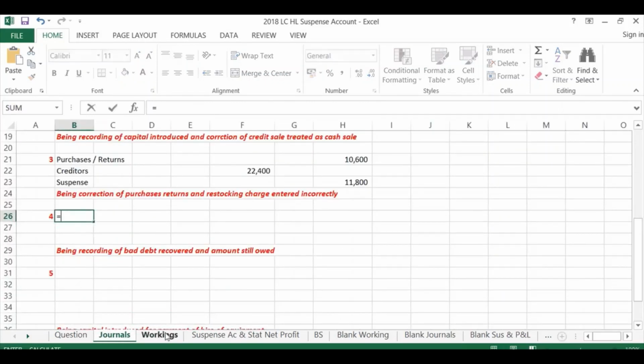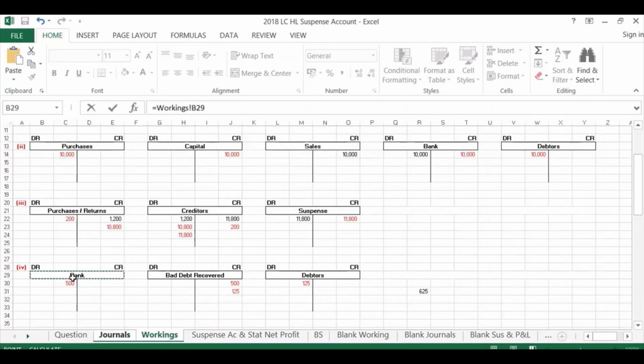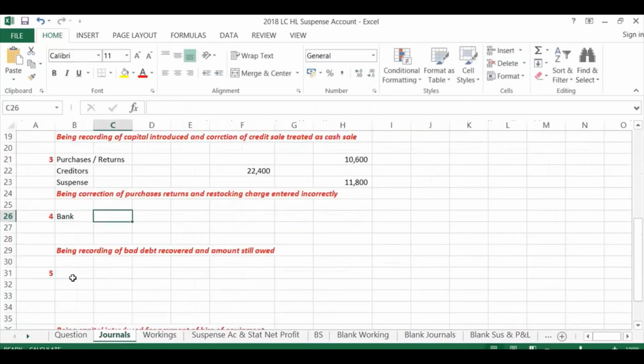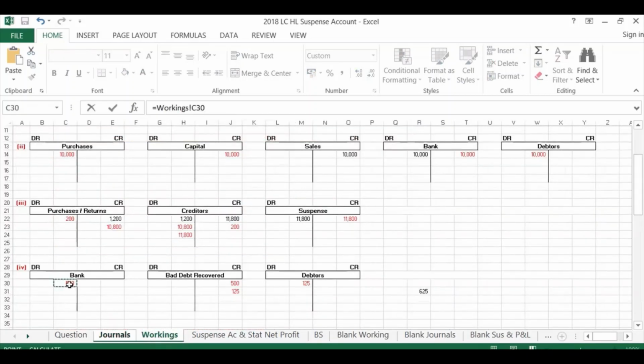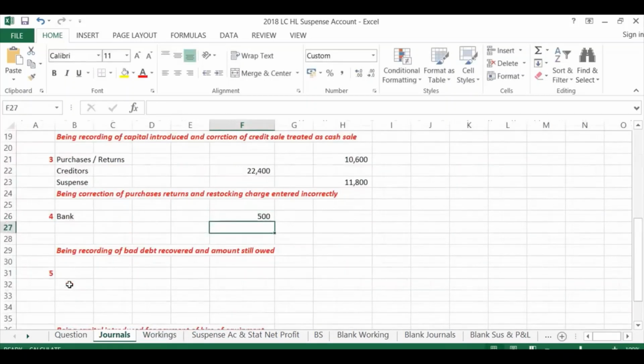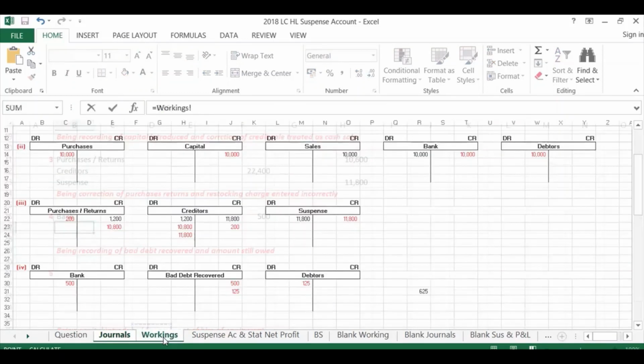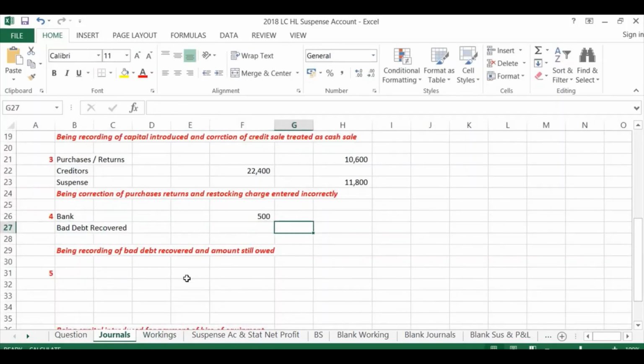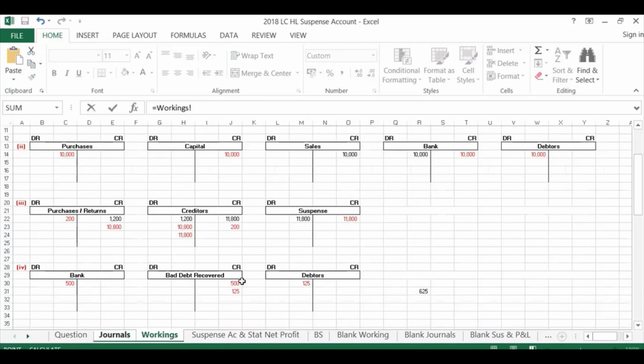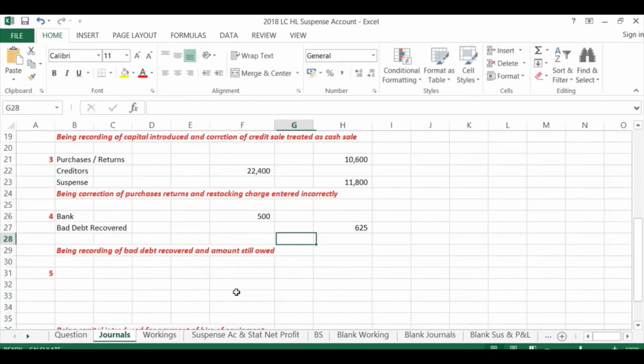So my first entry is going to be bank, and bank is going to be a debit of €500. My second entry is going to be bad debt recovered, and bad debt recovered is going to be a credit balance of 500 plus 125, 625.